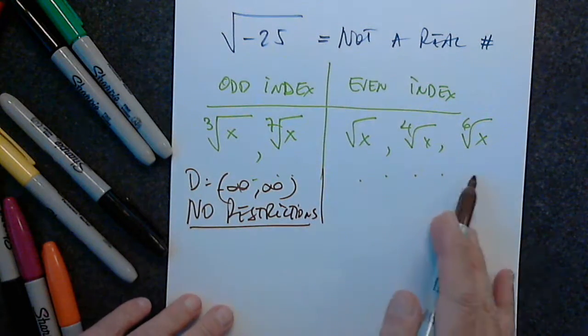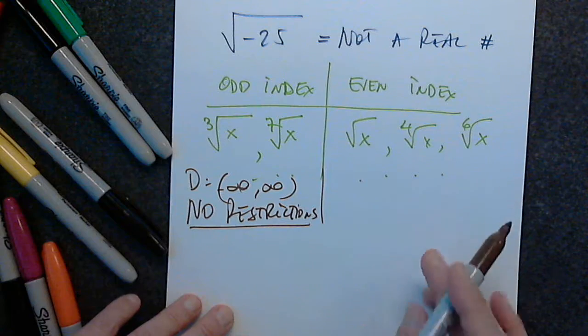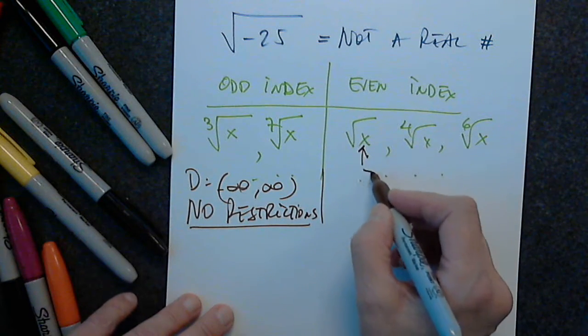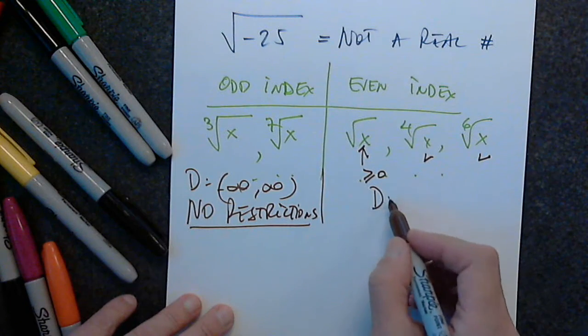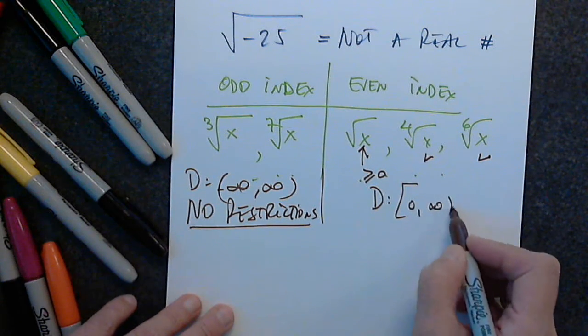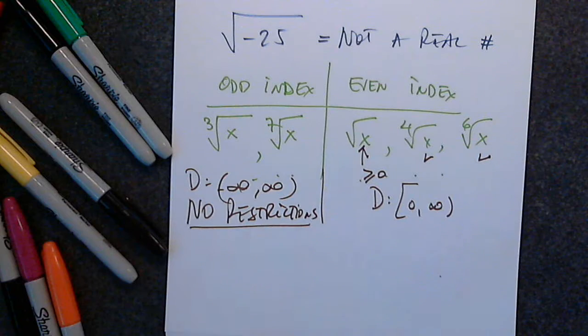However, this is a totally different story. Here, this x has to be greater than or equal to 0. So is this. So is this. So the domain for this function is 0 to infinity. So every time we look at an even index, square root, 4th root, 6th root, we have to make sure that the quantity under that radical, the radicand, is always positive or 0.